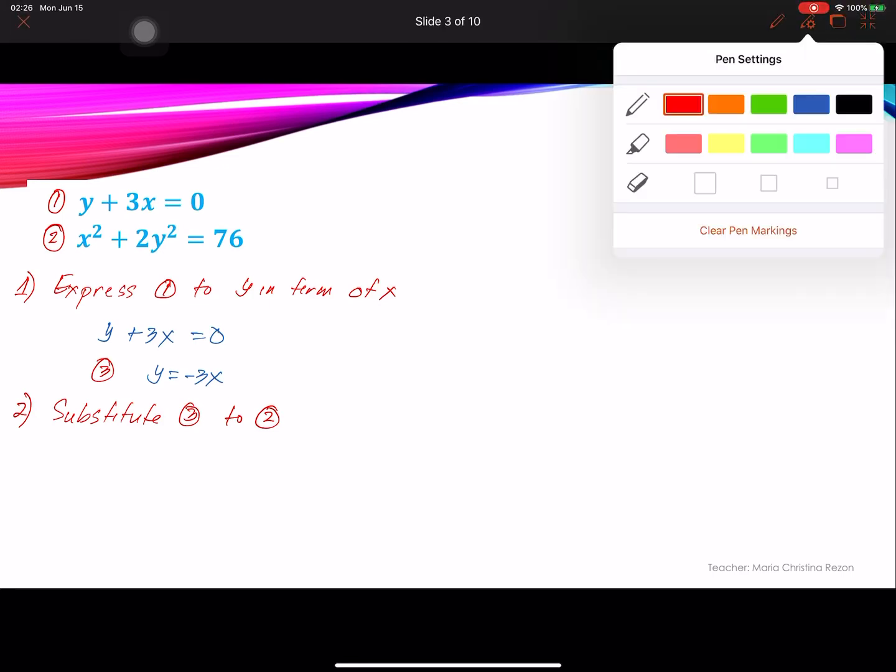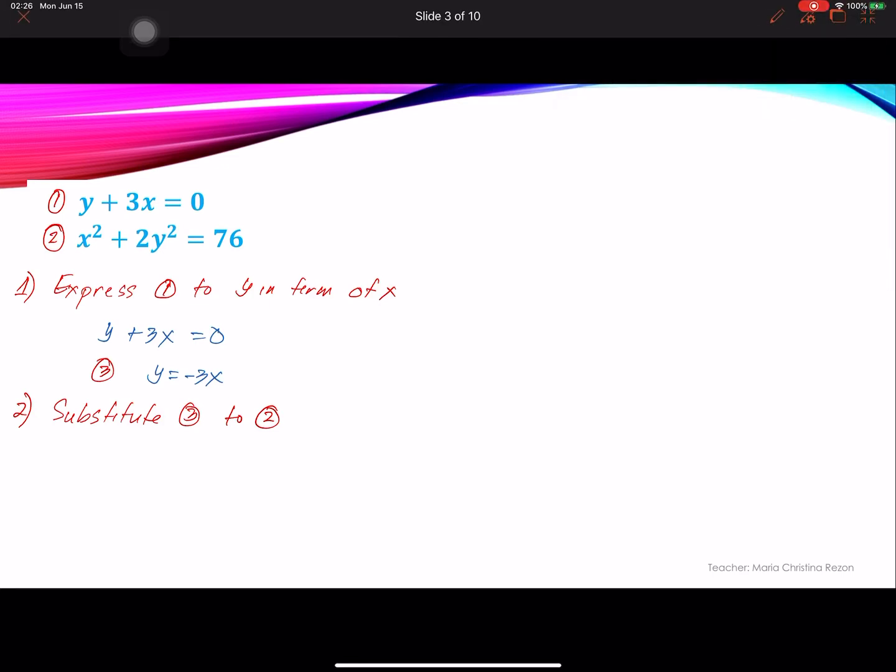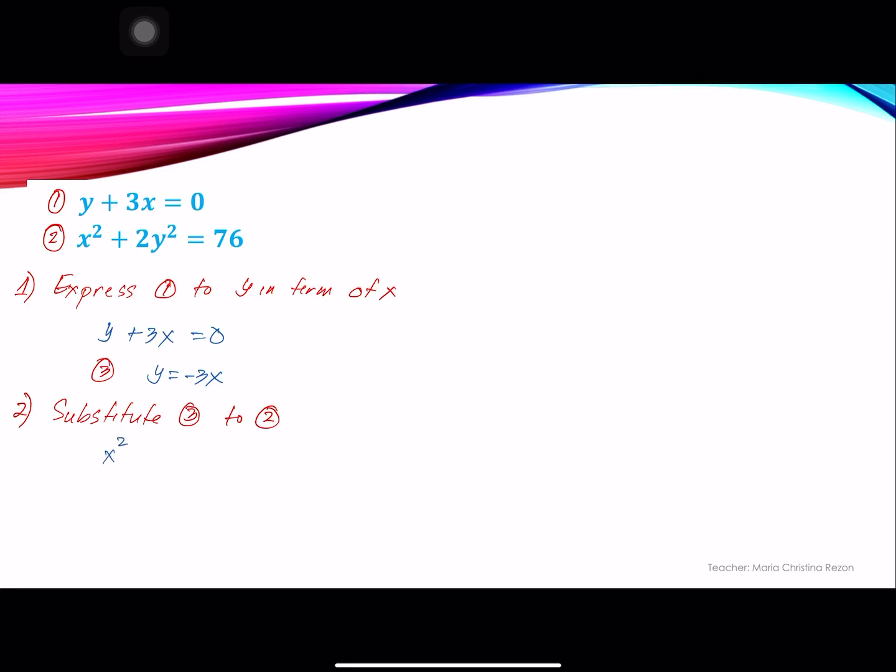Let's write it. You will have x squared plus 2y squared is equal to 76, and then substitute y is equal to negative 3x, so you will have x squared plus 2 times negative 3x squared is equal to 76. Simplify further, you will have x squared plus 2 times 9x squared is equal to 76.